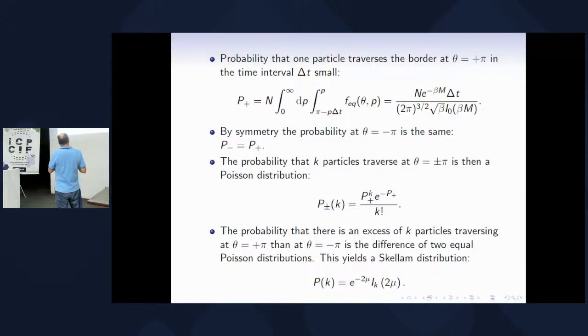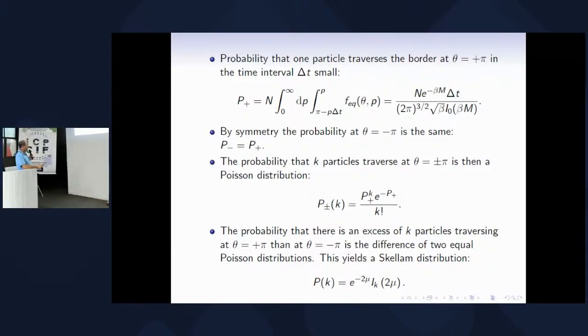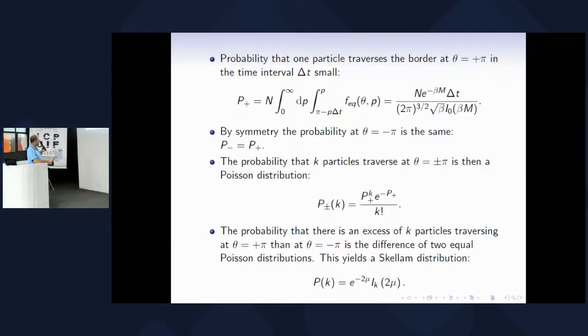I can consider there are some very small fluctuations, and I can compute that in the following way. I say that the probability that k particles traverse at one of the borders, at plus or minus pi, is given by a Poisson distribution. P plus is the probability that one particle crosses.